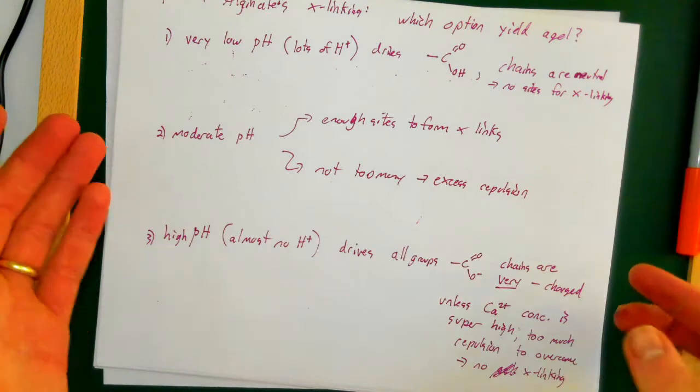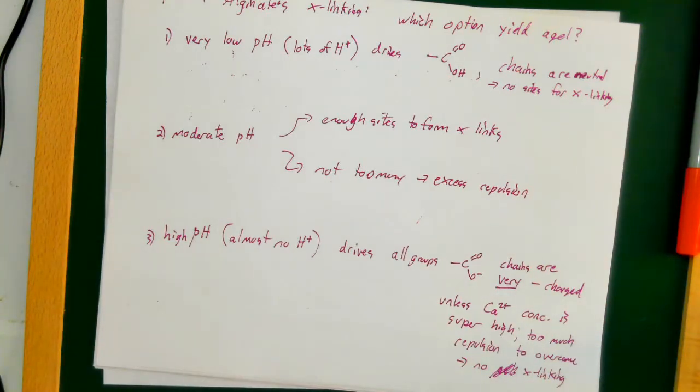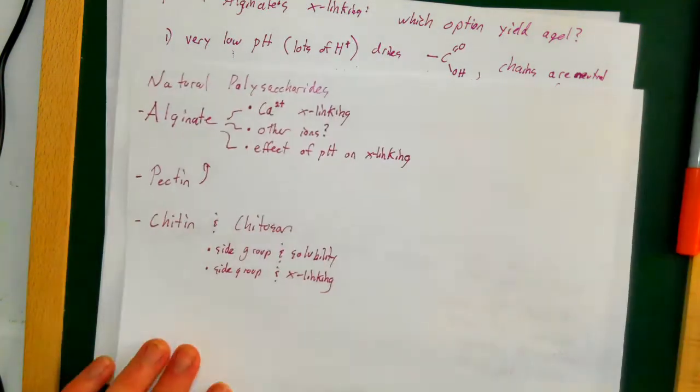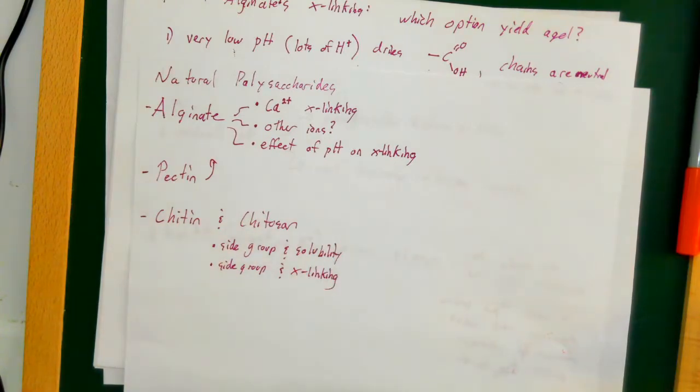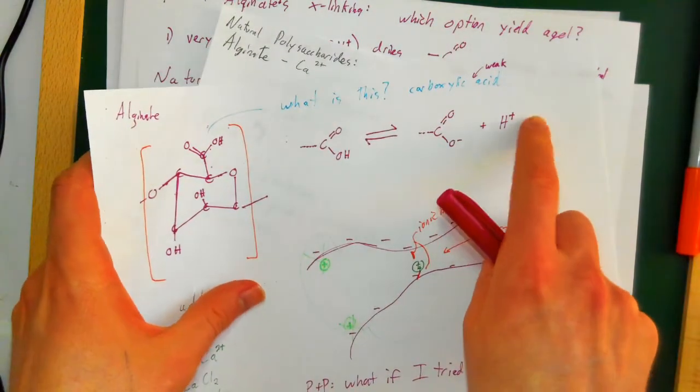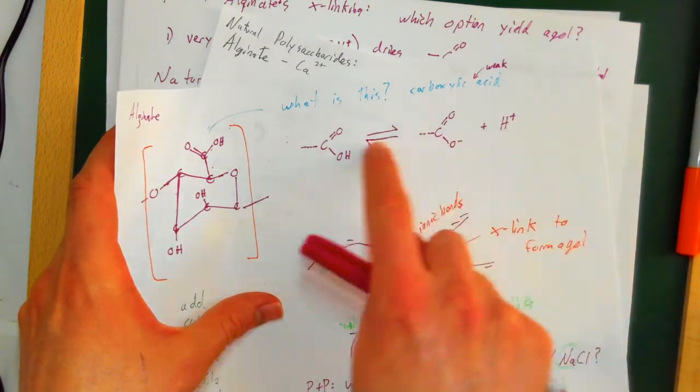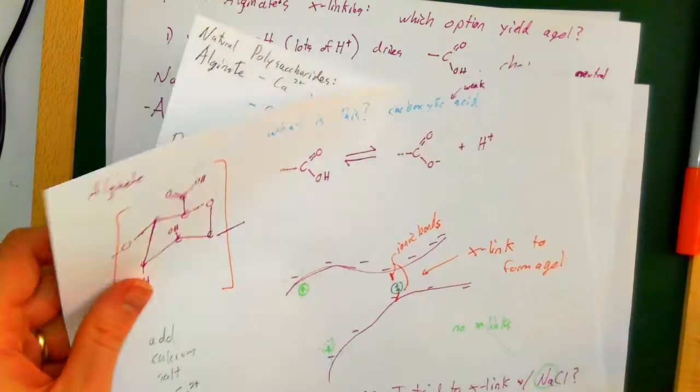So this is basically the effect of pH on cross-linking, and it all has to do with how extra or depleted H+ drives this chemical equilibrium.